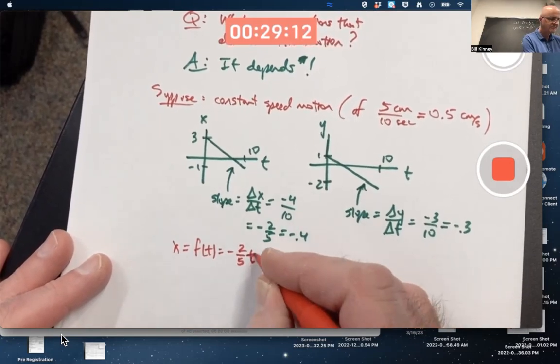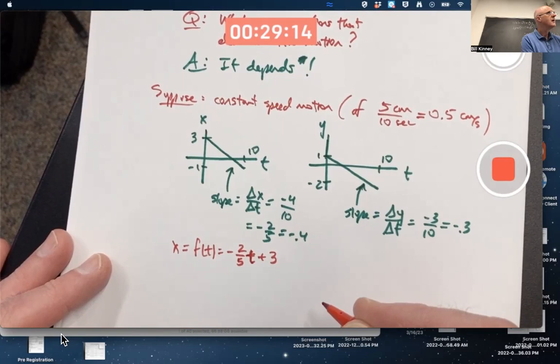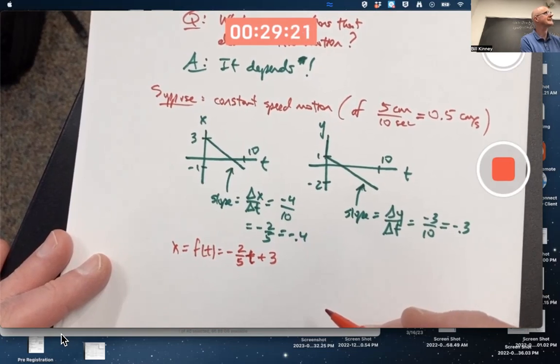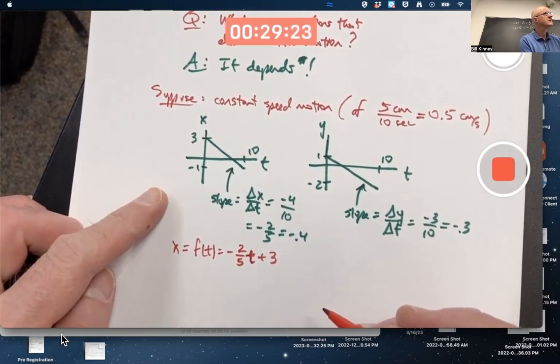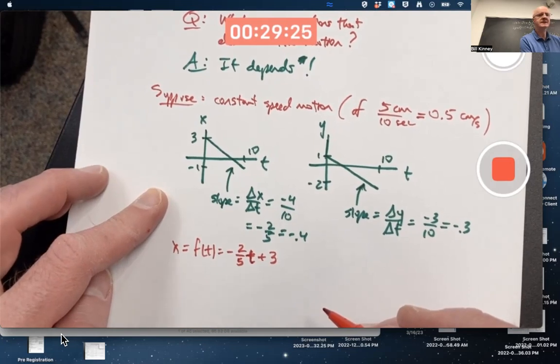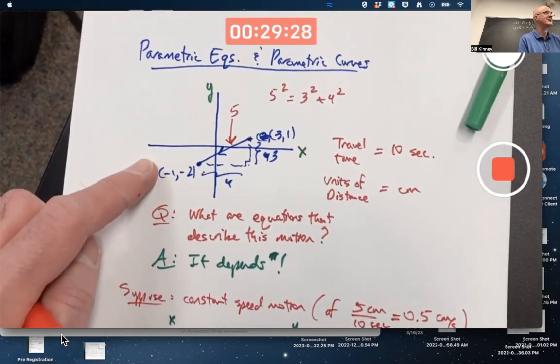That's a t there. Slope is -2/5. Vertical intercept is 3. It's no longer a y-intercept, it's an x-intercept, where x is vertical in this picture. Don't let it confuse you that x is vertical in this picture, whereas x is horizontal in this picture. It's not a big deal.